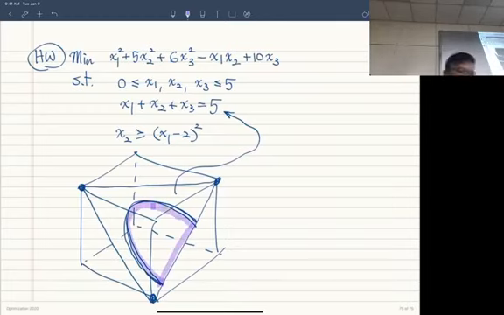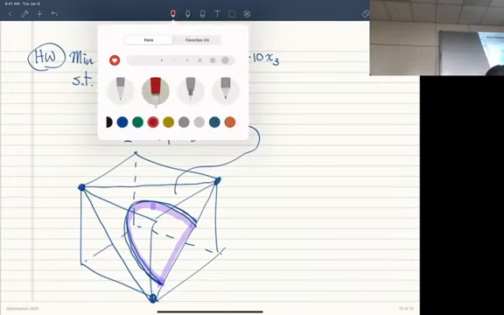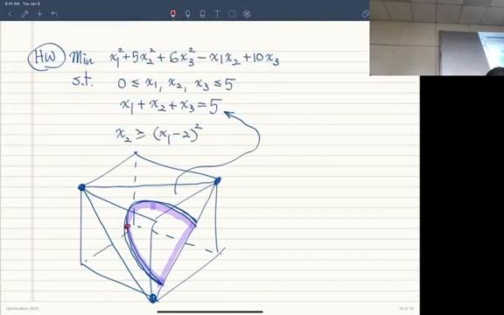So you are trying to find some value inside this purple area, and based on my observation, your solution should be somewhere here, based on the trend of the objective function.